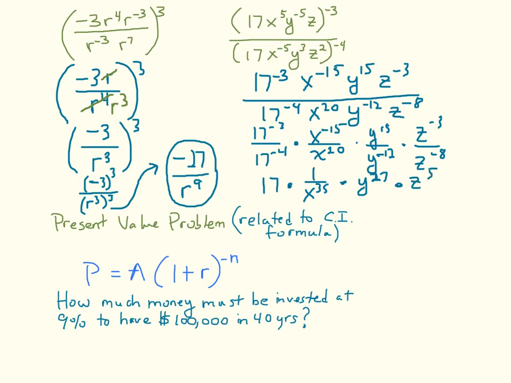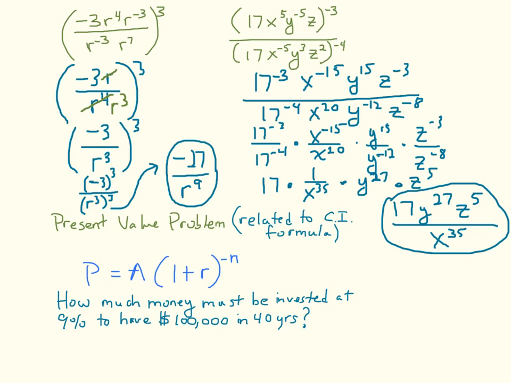And so all that together makes 17 y to the 27th z to the 5th over x to the 35th power. That's how all that cleans up or simplifies.